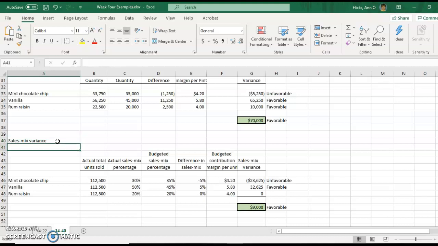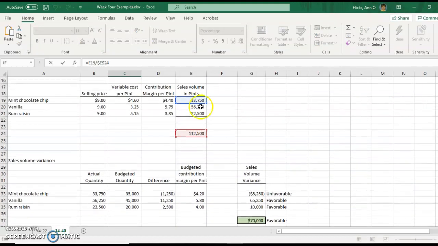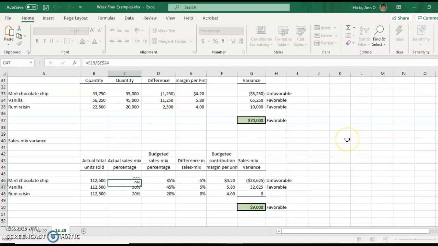which is the variance that arose because the mix between mint chocolate chip, vanilla, and rum raisin was different than what was budgeted. So the way in which we do that is we take the actual amount of units sold in total, which was the 112,500, and then we determine our actual sales mix percentage. So all this is the number of units of mint chocolate chip, for example, that we sold, divided by the grand total of 112,500.